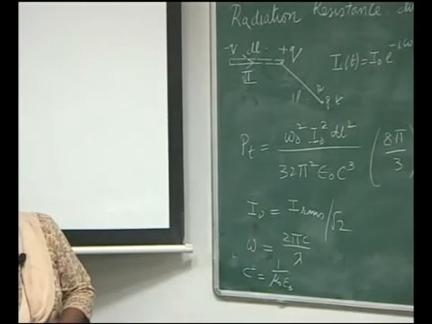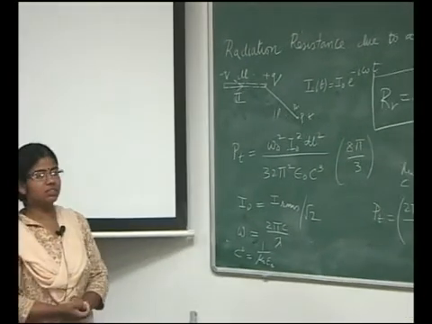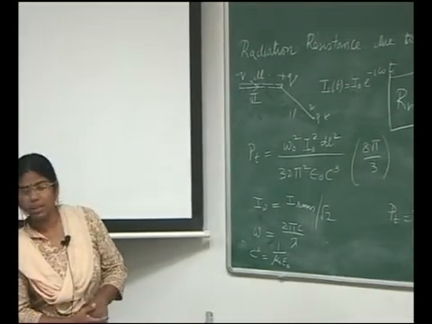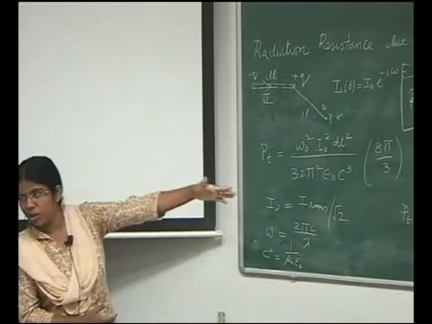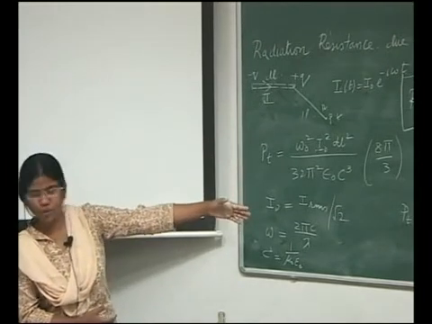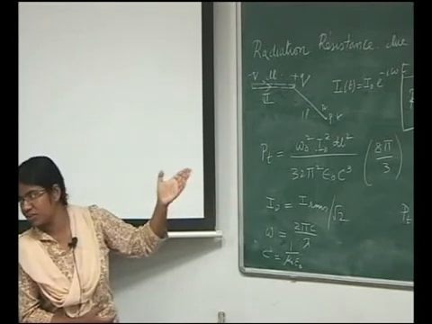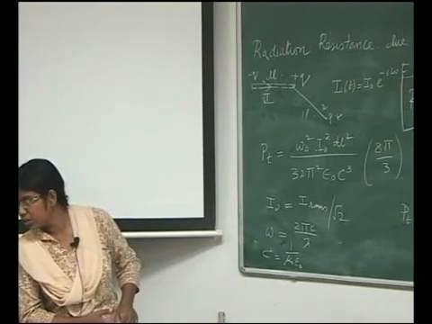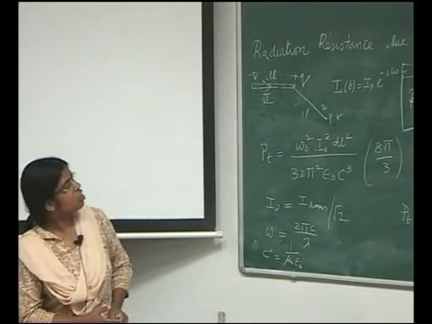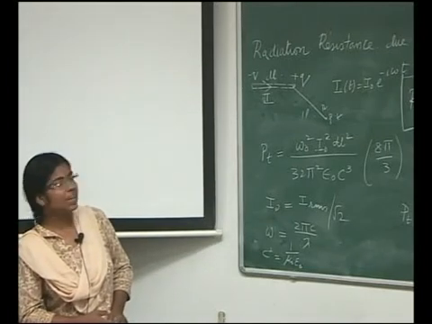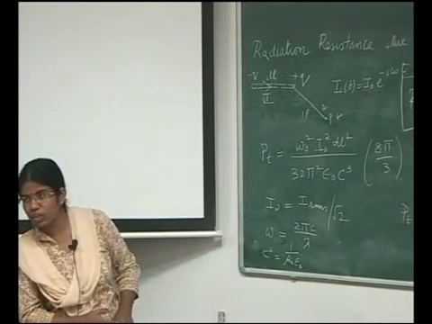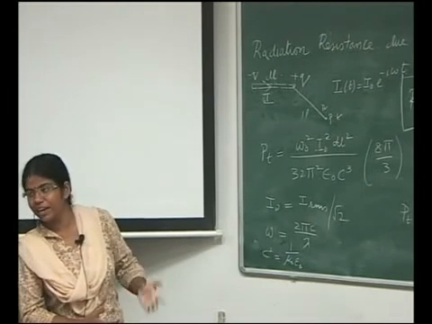So, from there what we get is the radiation resistance. This radiation resistance has unit ohms, because we are equating it to I squared R. So, R is in ohms. This concept of radiation resistance is slightly tricky, because for a radiating element we are not able to associate resistance with it.